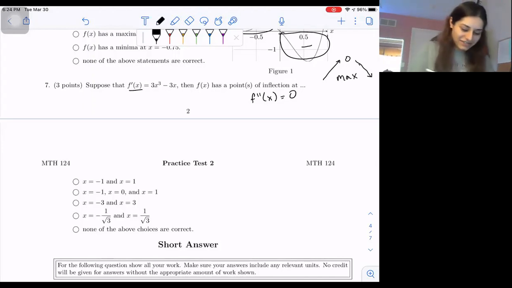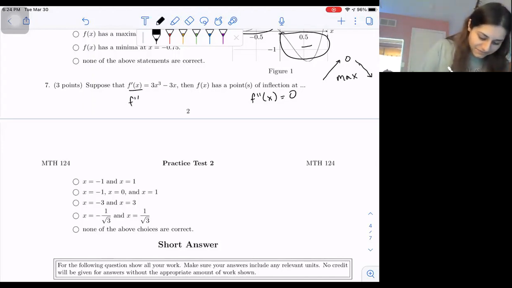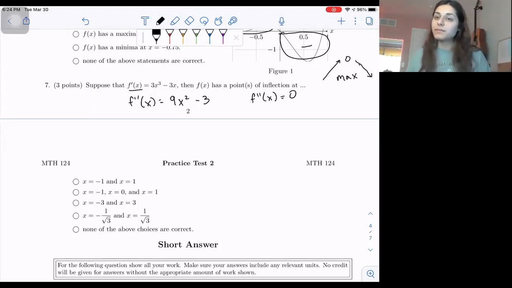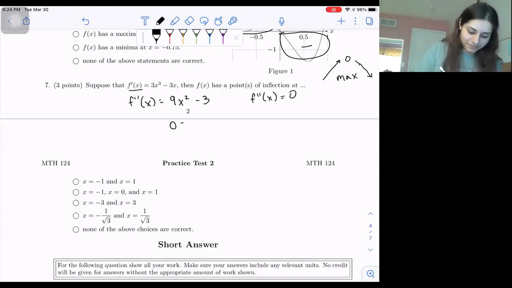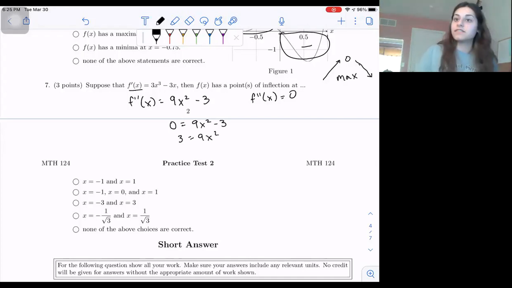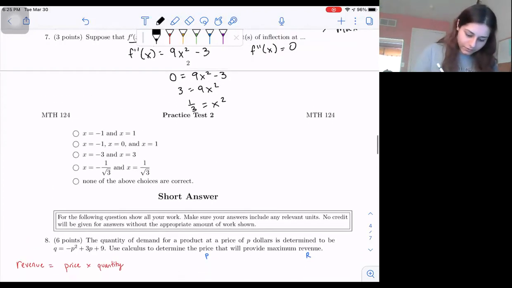Okay, so we're going to take the derivative again, and we'll get 9x squared minus 3. That's just simple power rule. Then we'll set that equal to 0. Move the 3 over, divide by 9, and then take the square root.